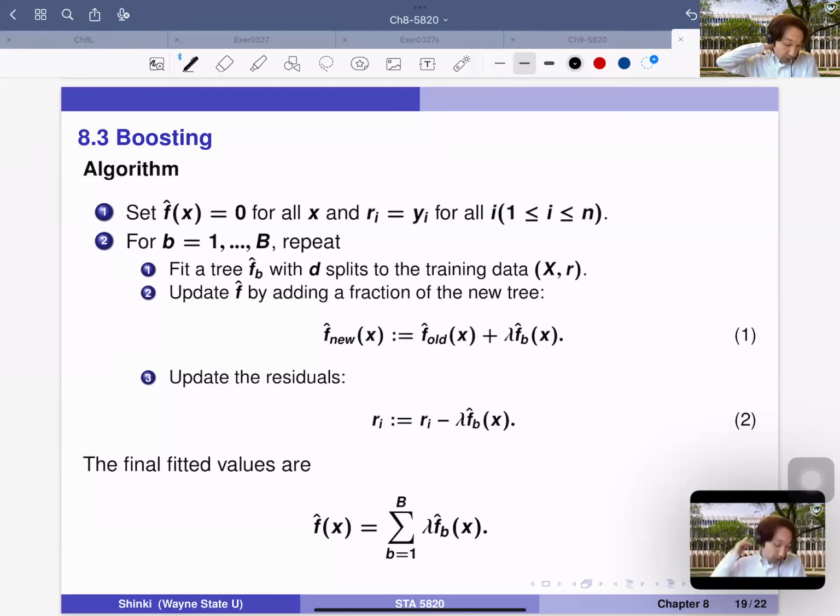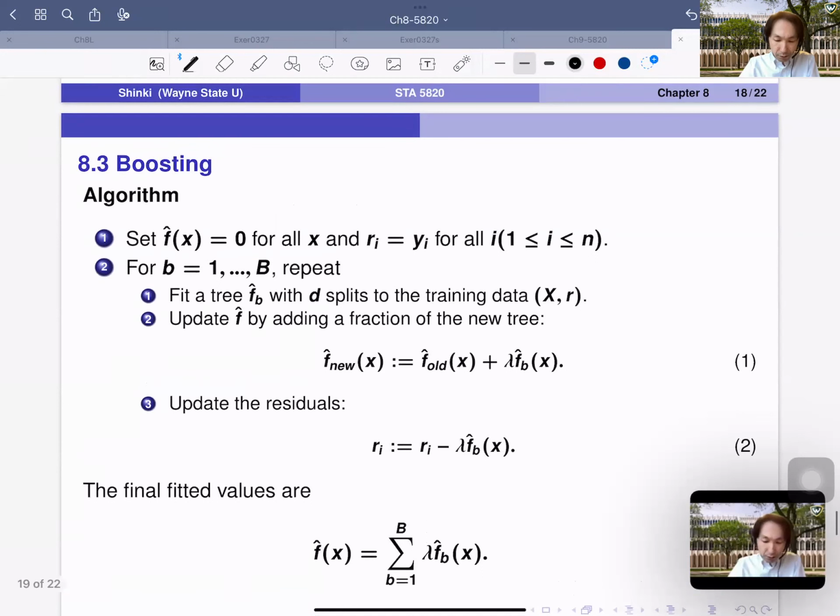Another example of the usefulness of the sequential method is polynomial regression. Think about y equal to beta naught plus beta 1 x plus beta 2 x squared plus beta 3 x cubed plus epsilon. And suppose x is in the range, for example, 0 to 1.